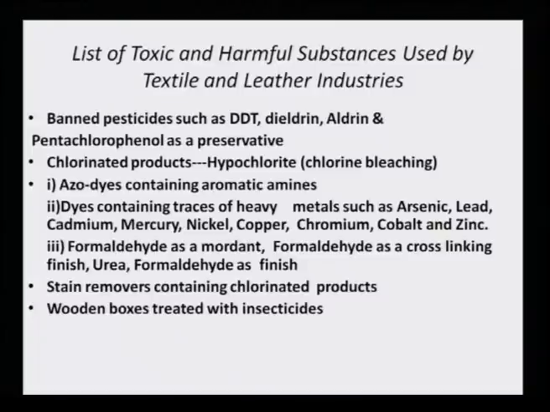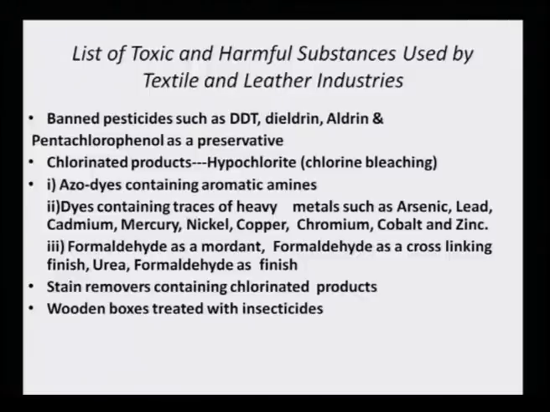Azo dyes containing aromatic amines, although they have been banned, but still in our country a lot of dyeing houses are still continuing to use azo dyes. Dyes containing trace amounts of heavy metals such as arsenic, lead, cadmium, mercury, nickel, copper, chromium, cobalt and zinc. And formaldehyde, which is used as a mordant.